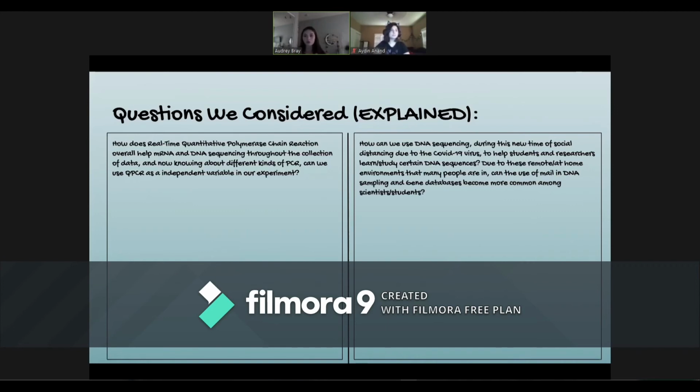And so, the question that references DNA sequencing and how, in this time of separation, clearly because we are doing a group presentation over a Zoom call, we can still learn and study about DNA sequencing. This is shown because we were just taking a gene sample and we were able to put it through these gene databases, and the one that we used showed us the similarity between this sample and sequences of pathogens and viruses, and we were able to come to the conclusion that Delilah had that meningitis strain.